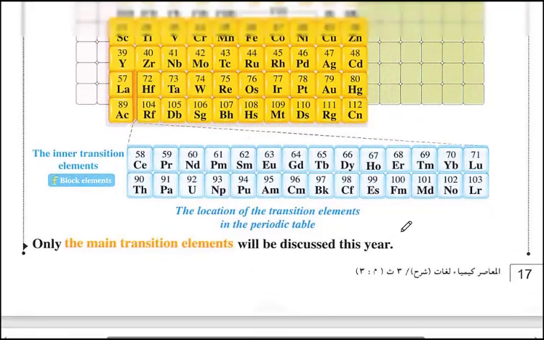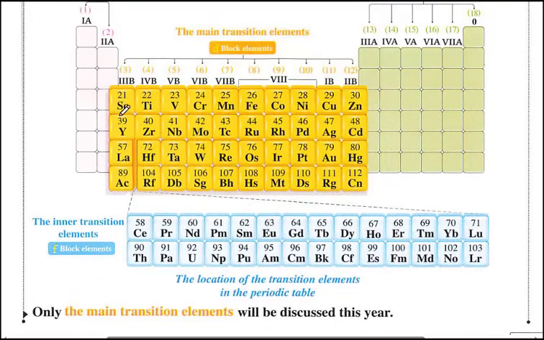Okay, we will study only the transition elements, and especially the first series of the main transition elements, which starts with scandium, then titanium 22, vanadium 23, chromium 24, manganese 25, iron 26, cobalt 27, nickel 28, copper 29, and zinc 30.